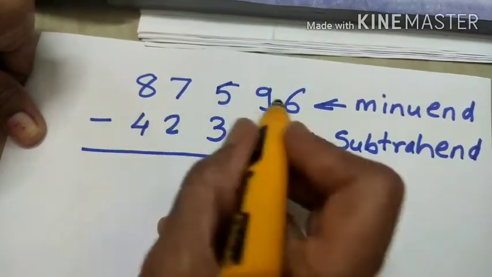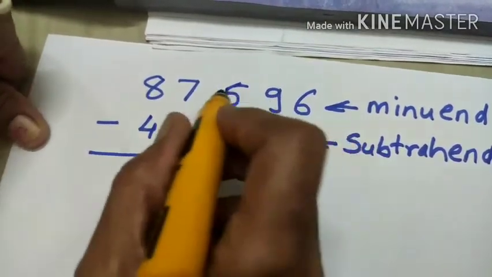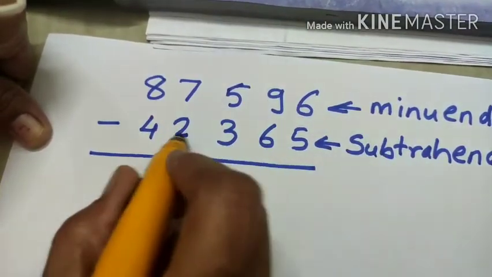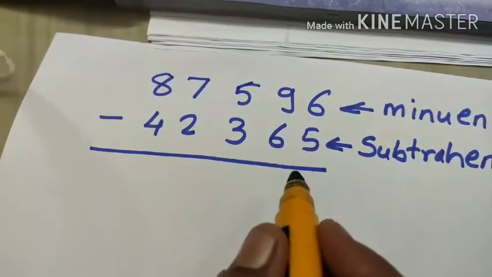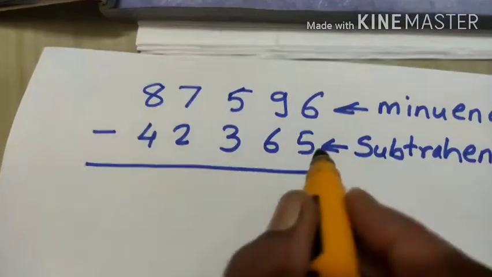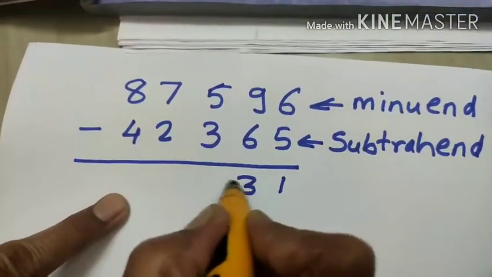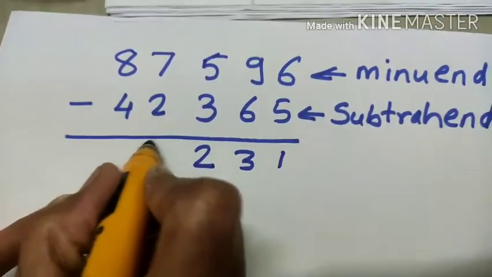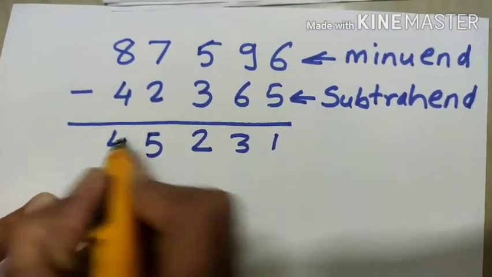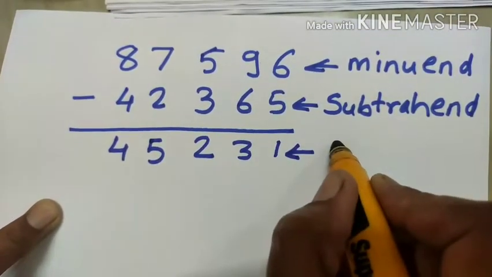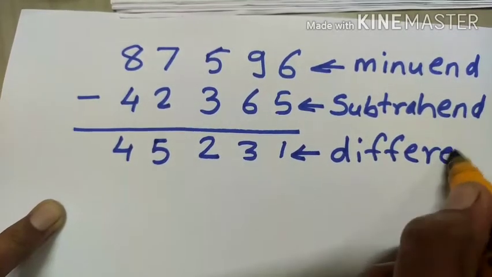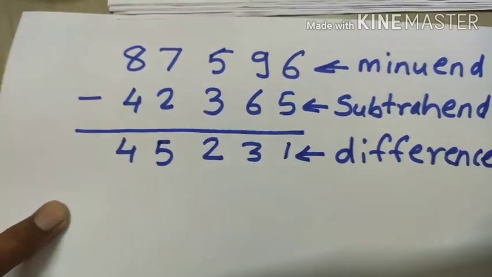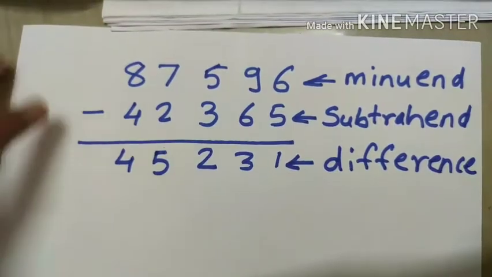The larger number is the minuend, and the number which is subtracted is the subtrahend. If you are subtracting this, the answer is known as difference. Answer of subtraction is known as difference. These three terms you have to keep in your mind.